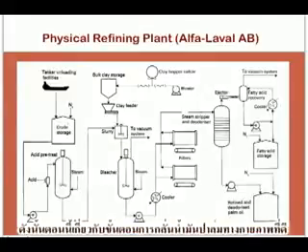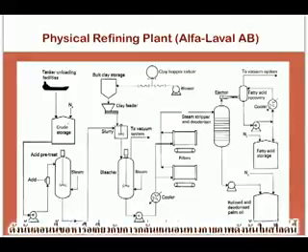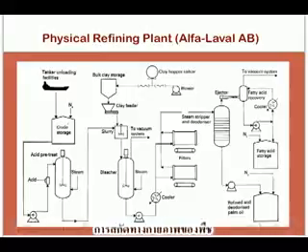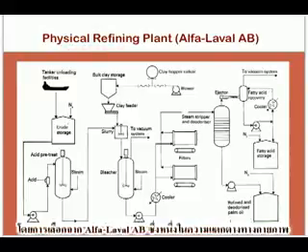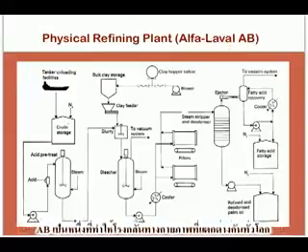Okay, so far we have discussed the process of chemical refining of crude palm oil. So now let's discuss briefly the physical refining. So on this slide, this is actually the outline of the process of physical refining plant, and the outline shown here is for the Alfa Laval AB, which is one of the major manufacturers of physical refining plant in the world.